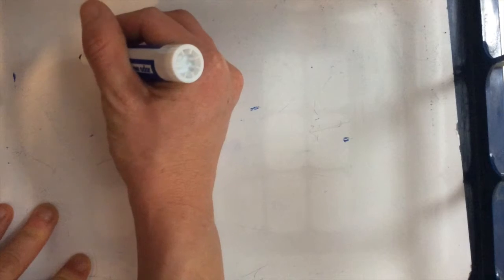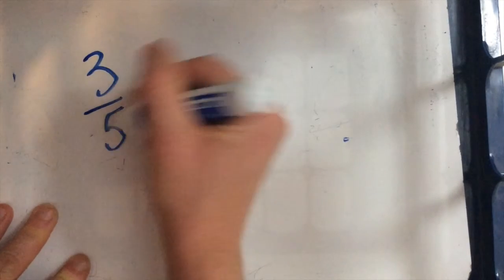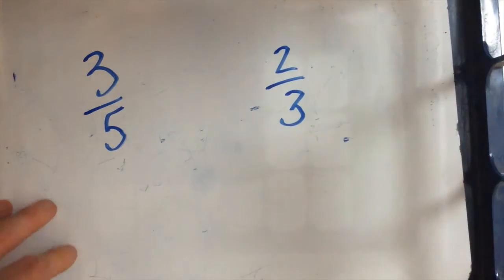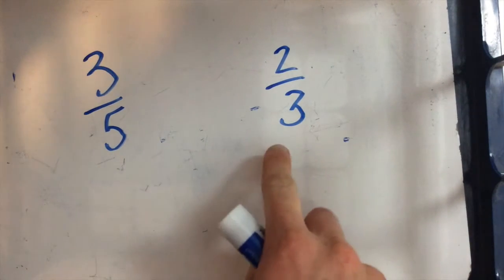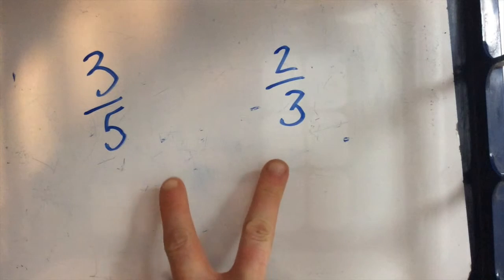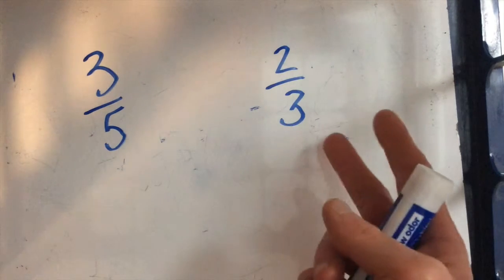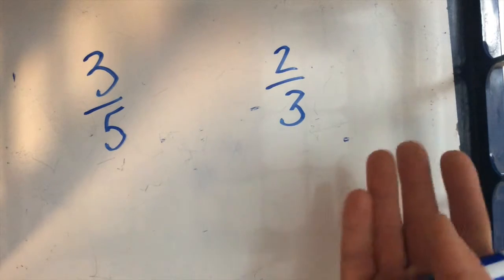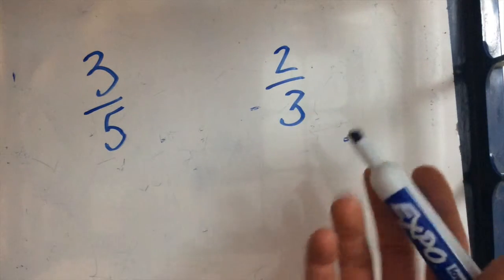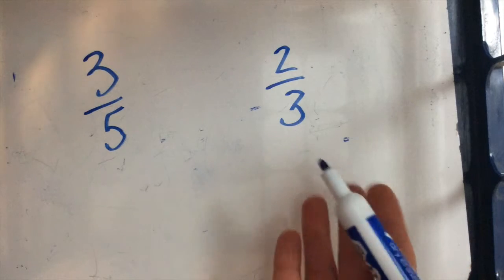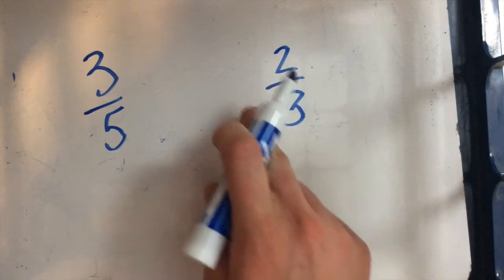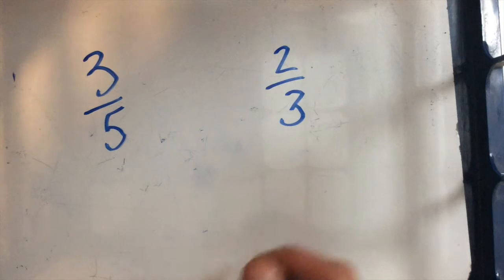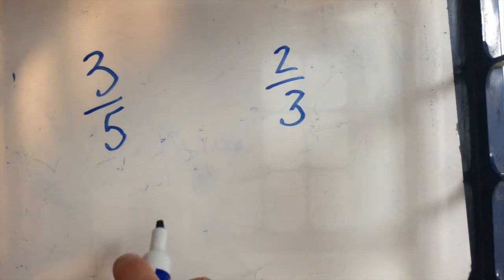So say, for example, we have 3/5 and 2/3, and we are not sure just by looking at these two fractions in their number form which one is larger, which one is smaller. Maybe they're equal. We're not sure. And remember, we can't always rely on our own pictures or diagrams, okay? So that's why we start getting into using math and tools like the least common multiple to help us, okay?